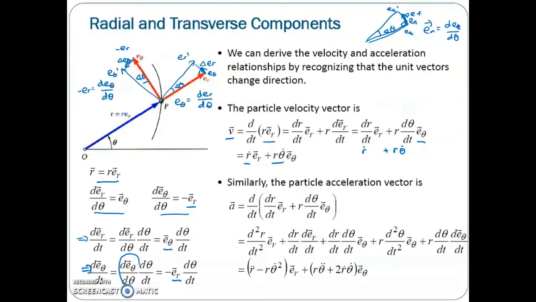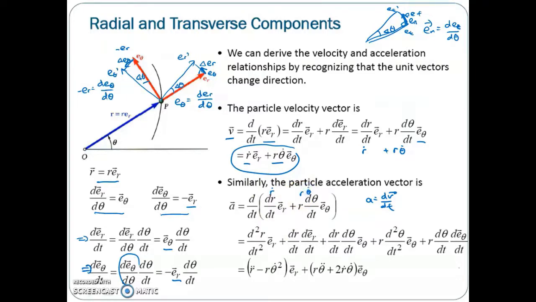Similarly, we can further differentiate another time to get our particle's acceleration vector. So we know that the acceleration is dv dt. So we differentiate with respect to time these velocity vectors, this. All right, then we will have here, this is our r dot, this is our r theta dot.